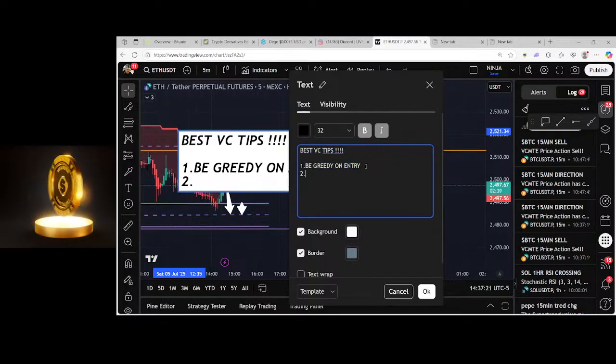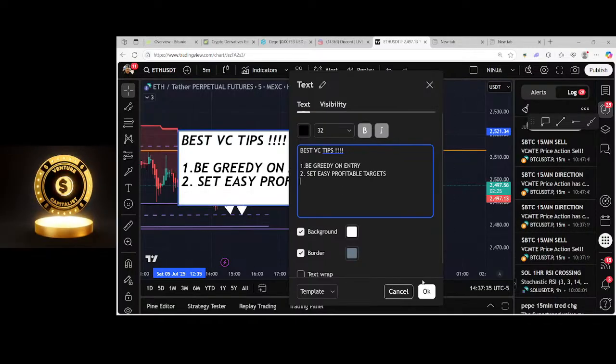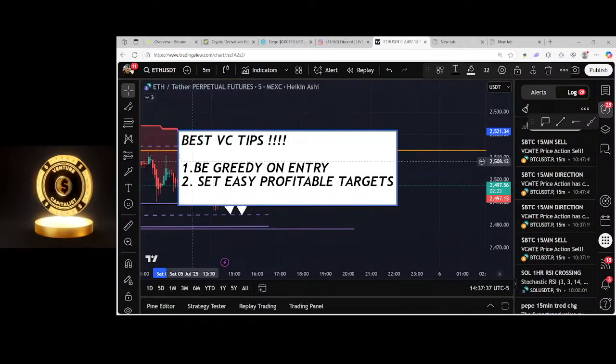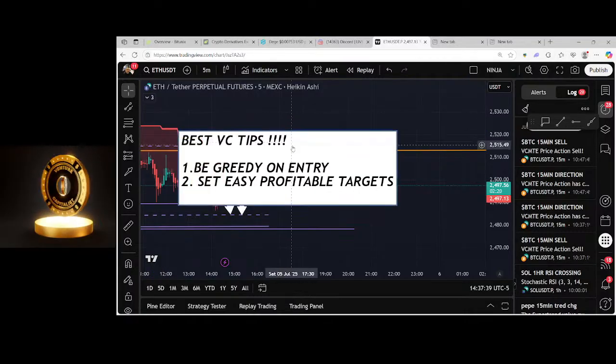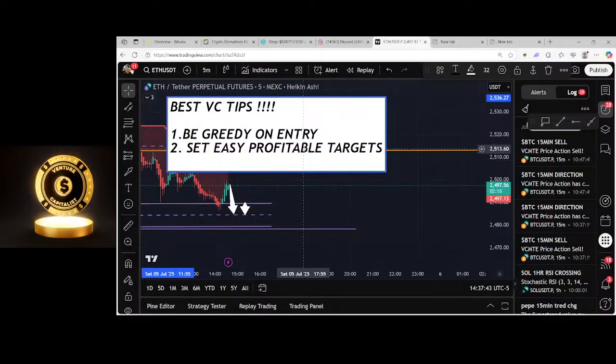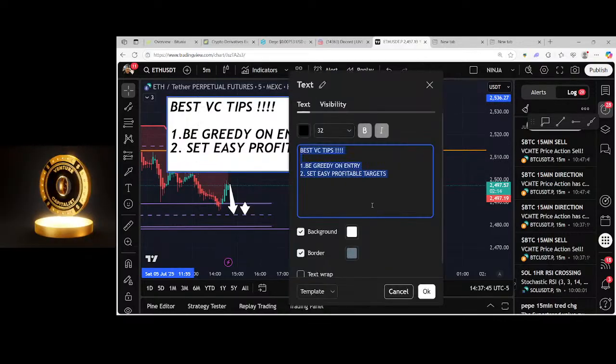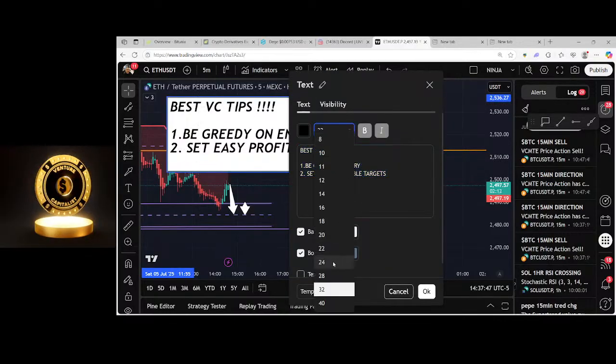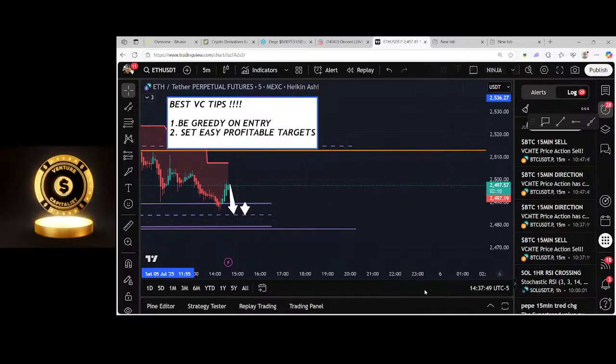So number 2 is set easy, profitable targets. What I mean by that is, when you set your targets, they have to be profitable, because the only reason we're making a trade is because we want to make money.